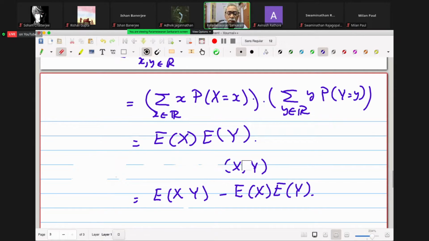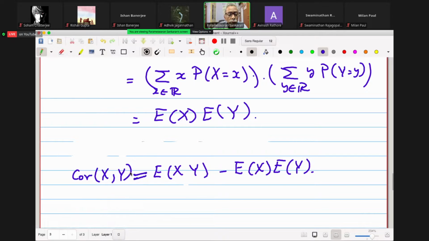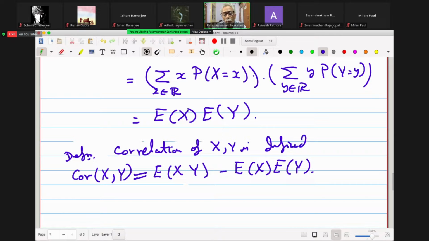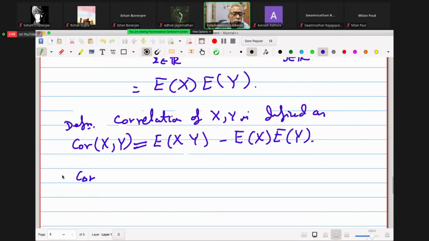Covariance is this divided by something, the variance of X times the variance of Y, but at the moment we just define this as the correlation of X comma Y. Okay, this is the definition of the correlation of X comma Y. Now if the correlation of X comma Y equals 0, we say that X and Y are uncorrelated.